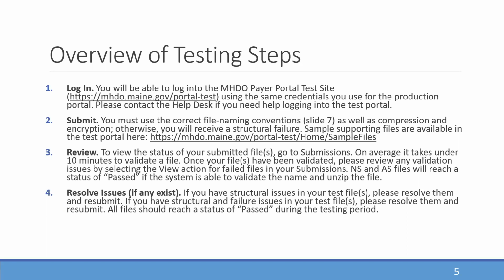So once your files have been validated, please review the validation issues by selecting the view action for failed files in your submissions screen. The NS and AS files will reach a status of passed if the system is able to validate the name and unzip the file. Those are Excel files, so the contents will not be validated like the other data files.